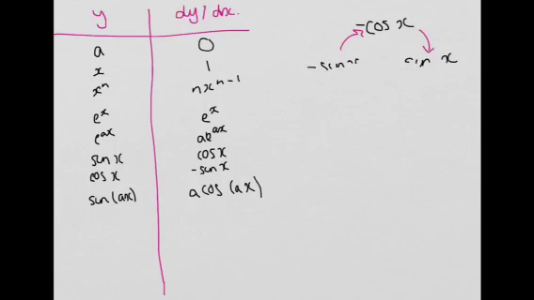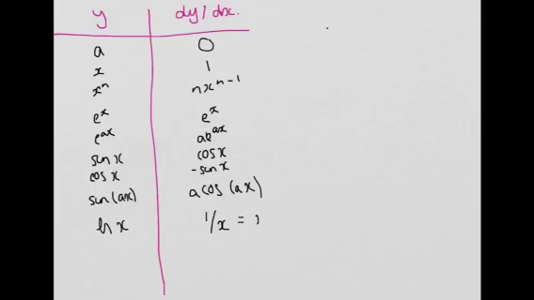So there's basically only one more function that I've said that you need to be able to differentiate, and that's the log of x. And in this case, this is just one that you're going to have to learn. This becomes 1 over x, which is the same as x to the minus 1.